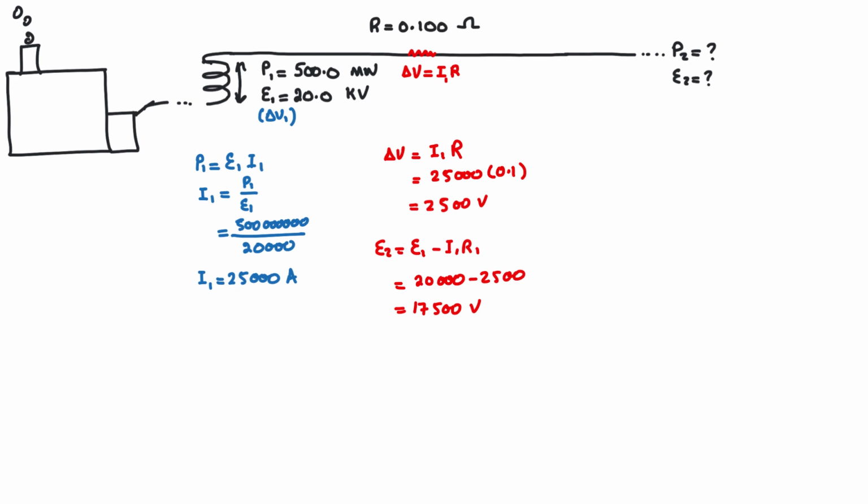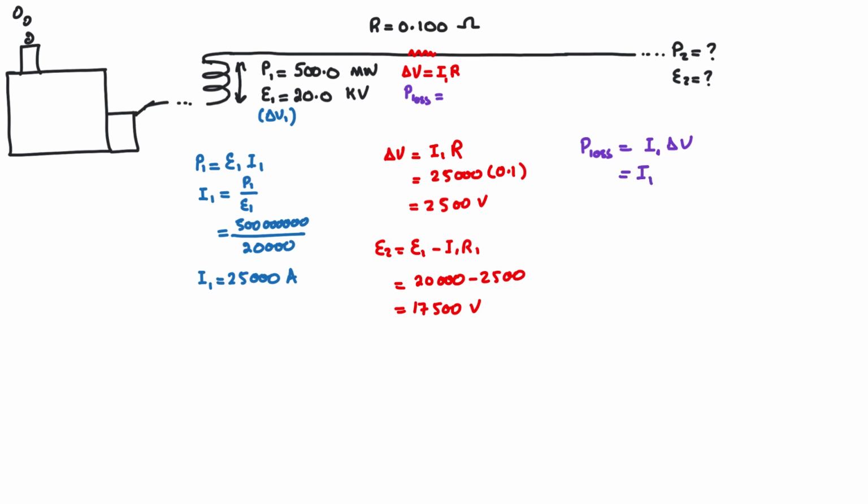Now let's talk about power loss as well. Power loss is the amount of power that we lose in that resistor, and power at that point is going to equal I multiplied by the change in potential. The change in potential right here is given as I1 times R1, and the current going across that one is also I1.